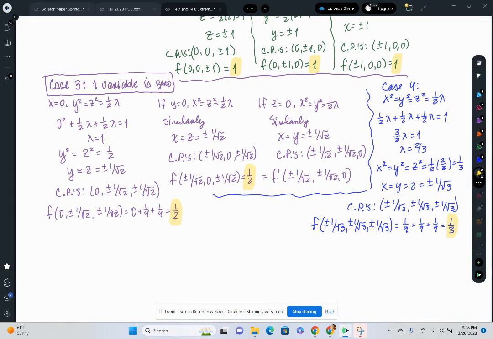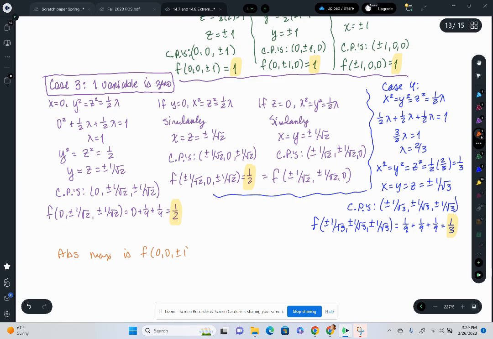And so it looks like the biggest one is 1. So we're going to say our absolute max is f of 0, 0, plus or minus 1 equals f of 0, plus or minus 1, 0 equals f of plus or minus 1, 0, 0 equals 1.